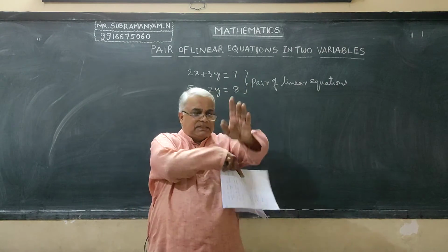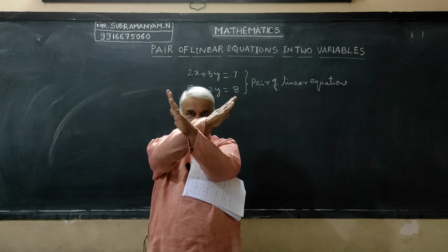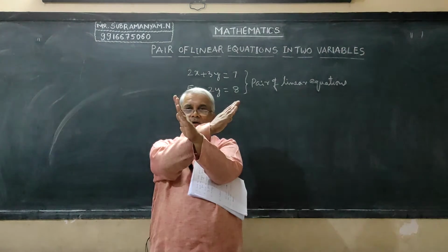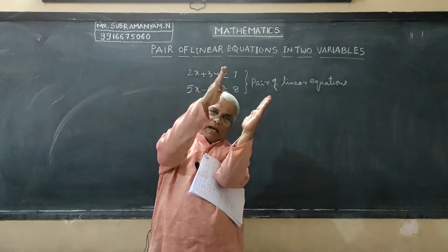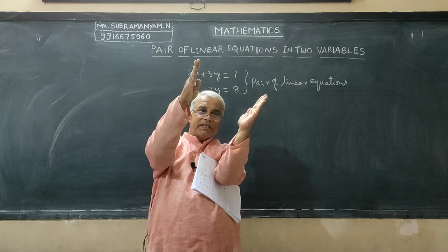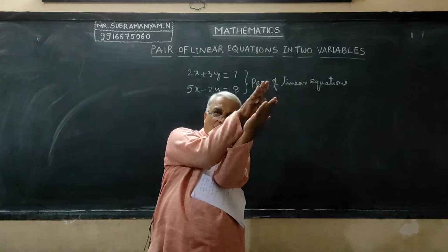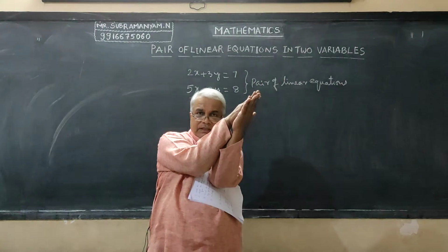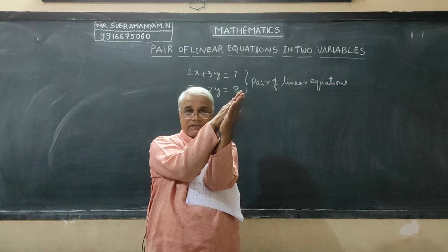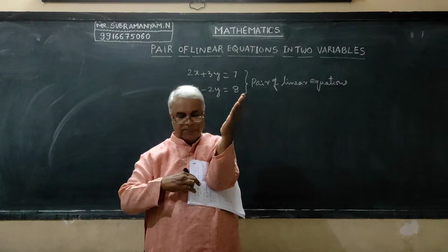We may get straight lines intersecting like this. We may get straight lines parallel like this. Or we may get straight lines lying one on the other. This is called the behavior of straight lines. This we are going to study.